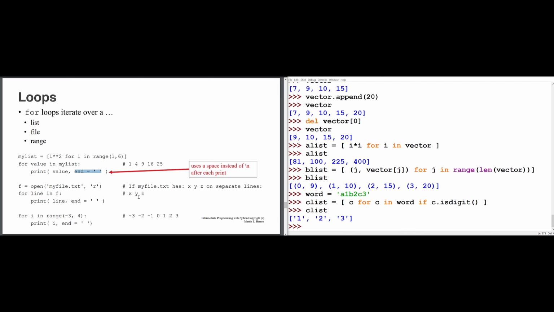But you can simply say end gets a space character to display a space at the end of each line rather than a new line. For that matter, you can say end gets an empty string if you want to just concatenate all of the lines together into a single long line. Okay.